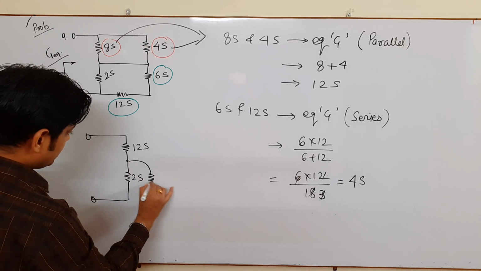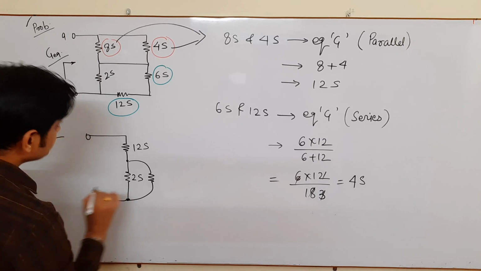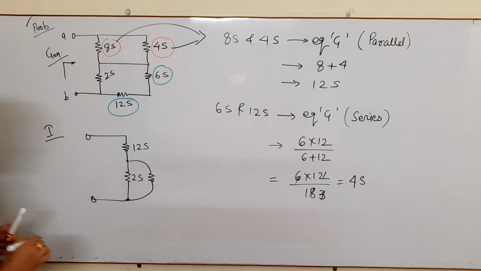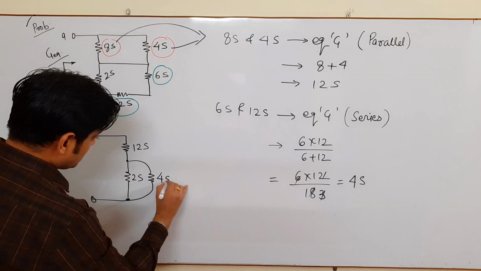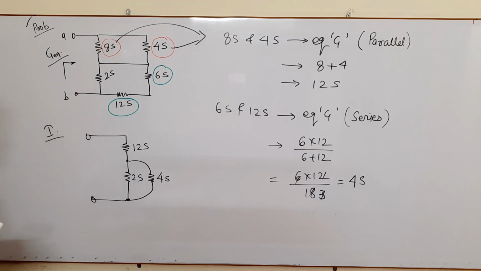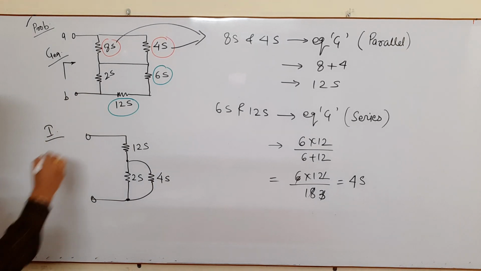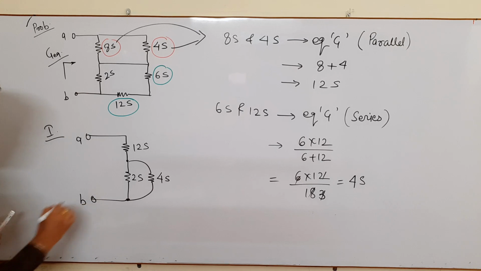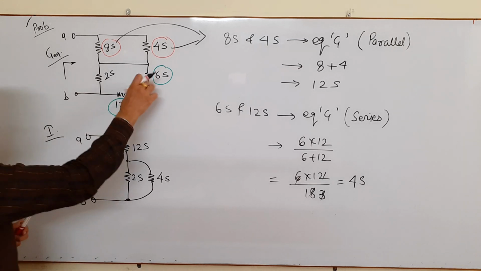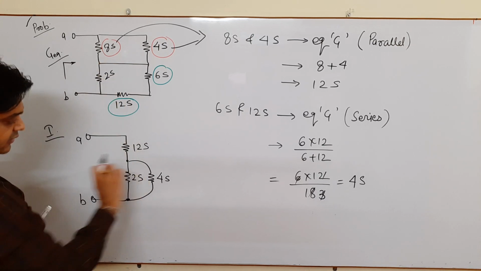This is in parallel with this, and the value of this comes to be 4 S. This is A, this is B. These two are again in parallel with this 2 Siemens.